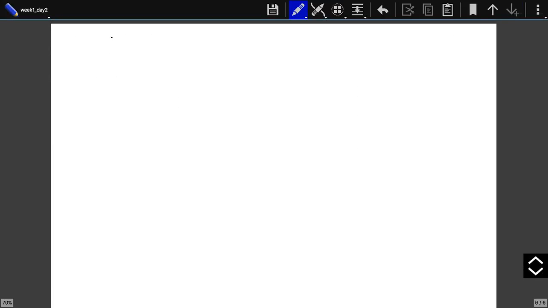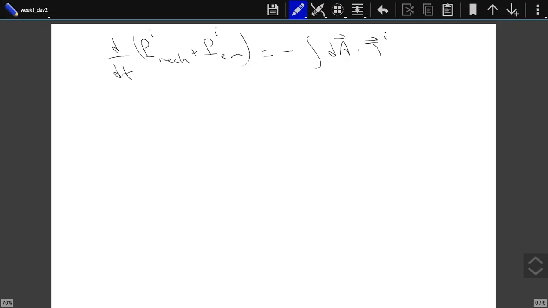So now what we had. This was equal to minus... well, let me write it in this form. This is the A dot T. This is what we said.